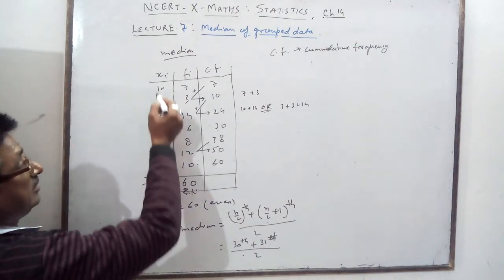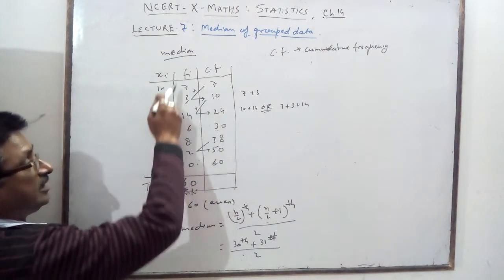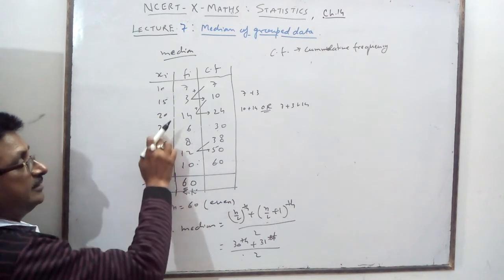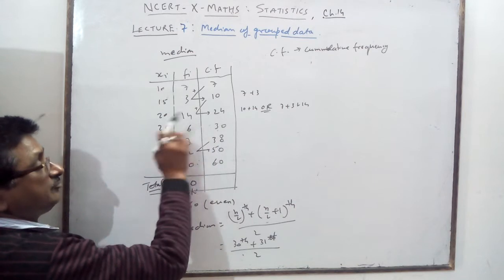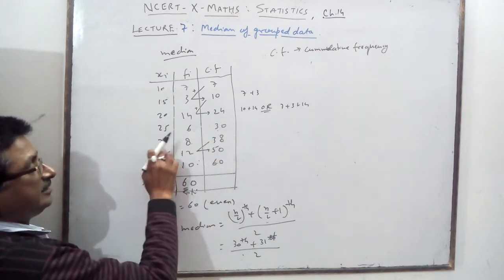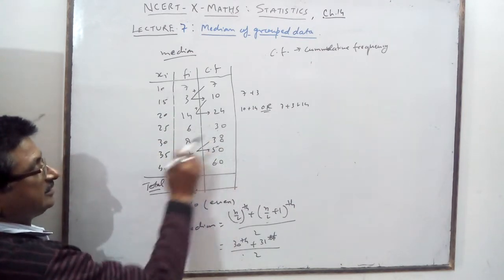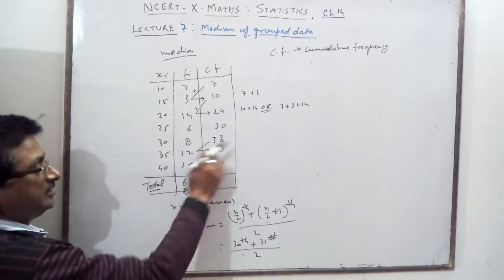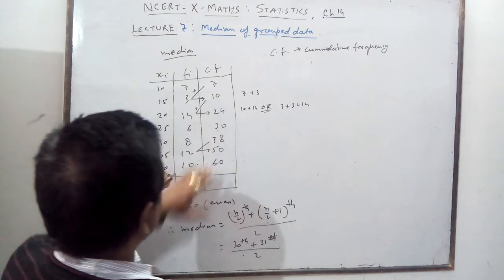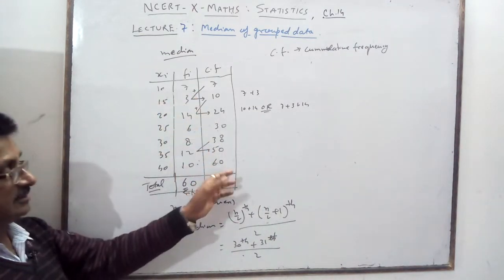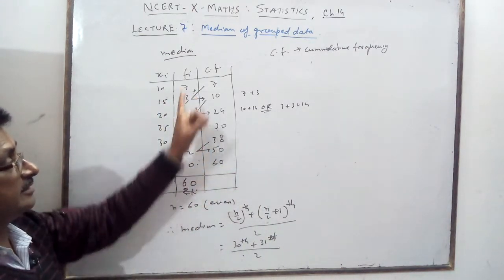Less than 20, 24 students. Less than 25 is 30. Less than 30 is 38. Less than 35 is 50. Less than 40 is 60. So the total is sigma Fi, and this means it is correct.